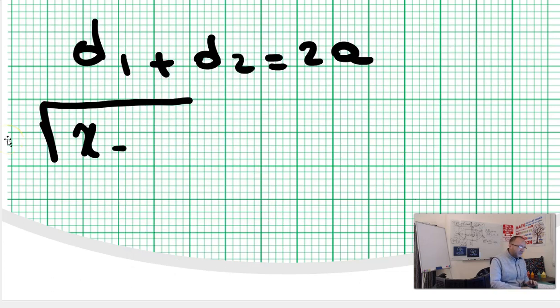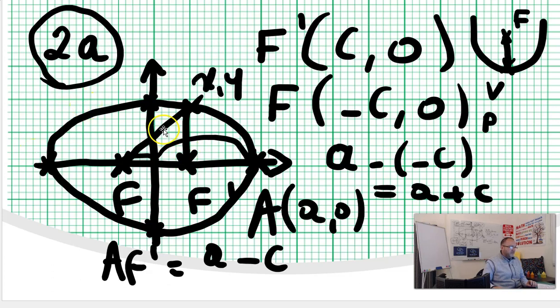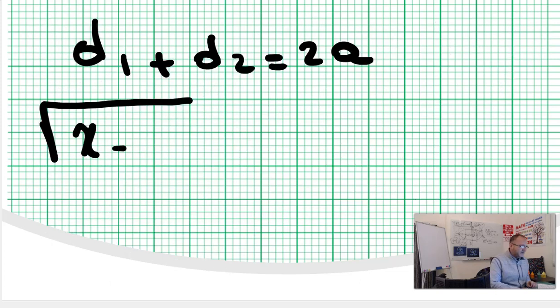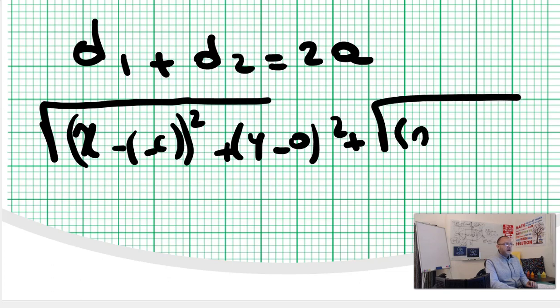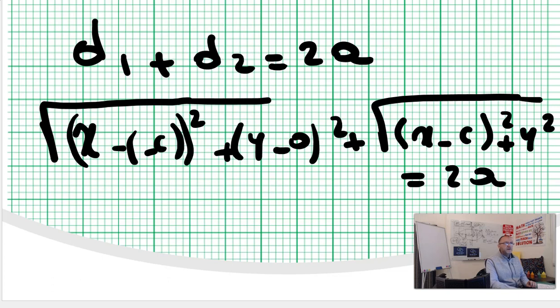So when I do the distance formula, if this F is minus C, 0, and this one is plus C, 0, right? Okay, so that's X minus C, the whole thing squared, and then plus Y minus 0 squared, plus the other side, X plus C squared plus Y minus 0 squared equals 2A. So far, so good, right?